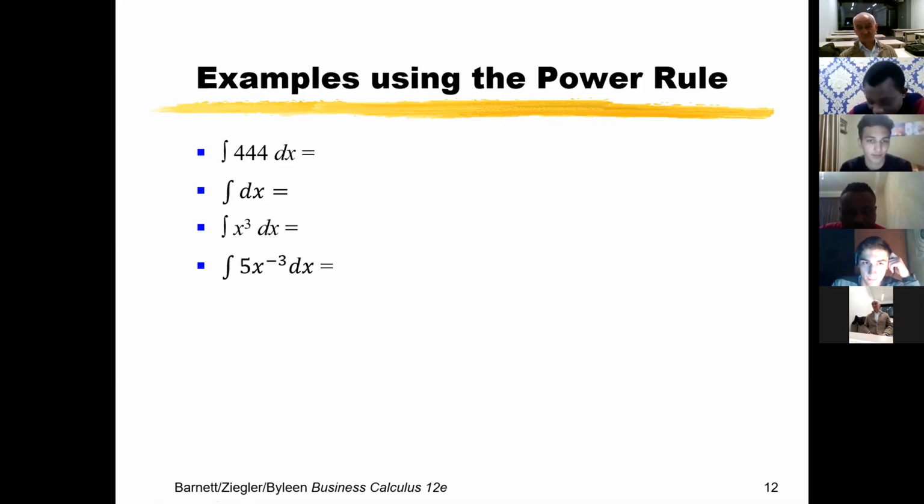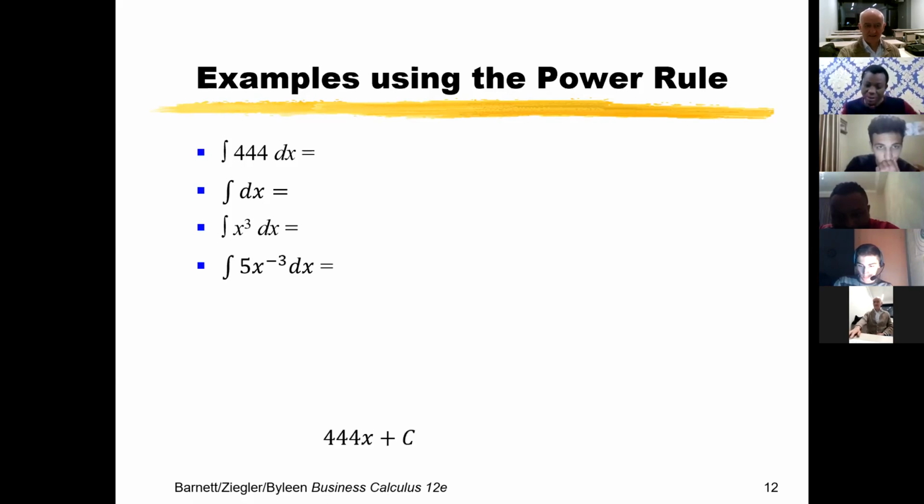What do you think if we move out the constant number, and try to move it across the integral sign? It is x over the constant plus c.